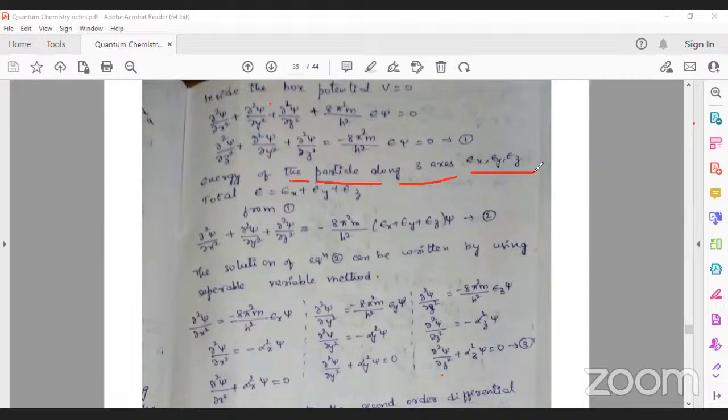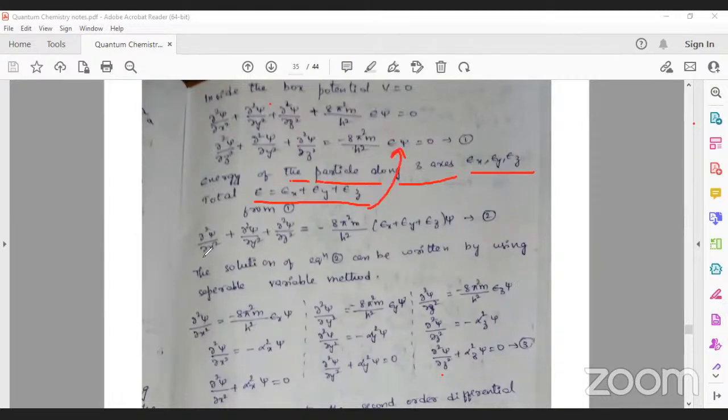Separable variable method means whatever x terms are there, we need to separate; whatever y terms are there, we need to separate; whatever z terms are there, we need to separate. Therefore, the energy E is equal to Ex plus Ey plus Ez. So this energy will be substituted in the above equation.